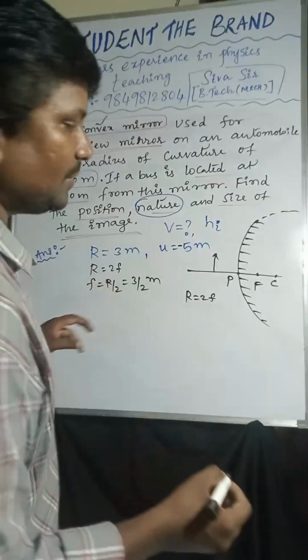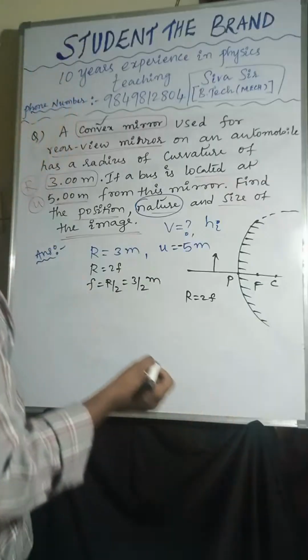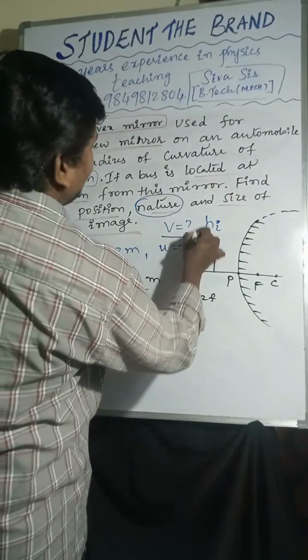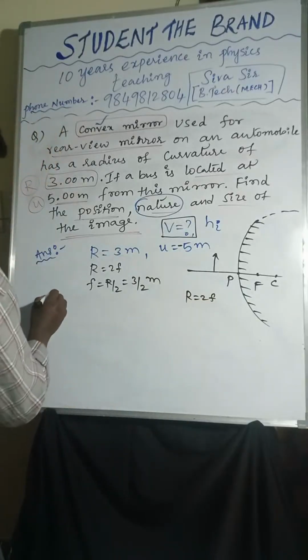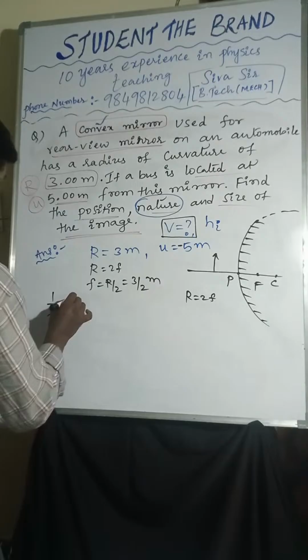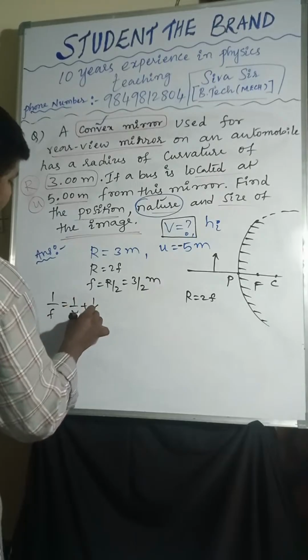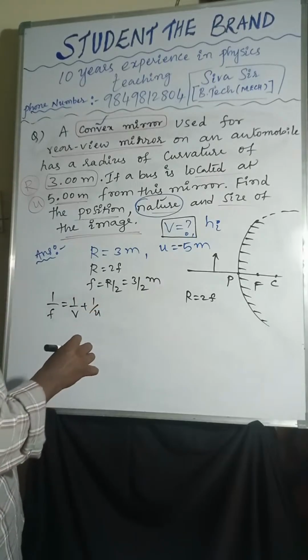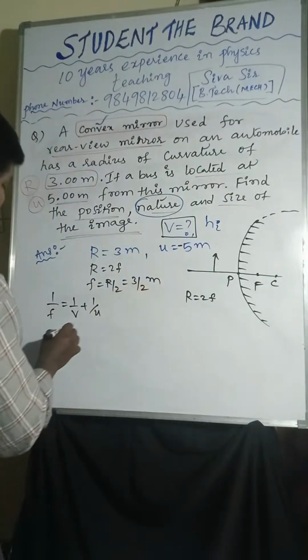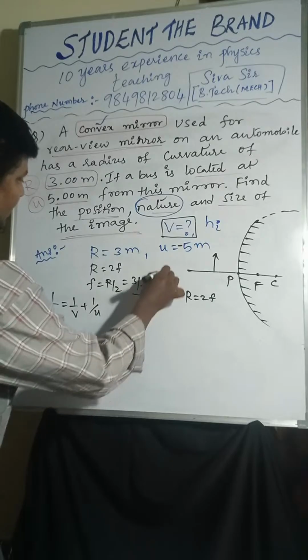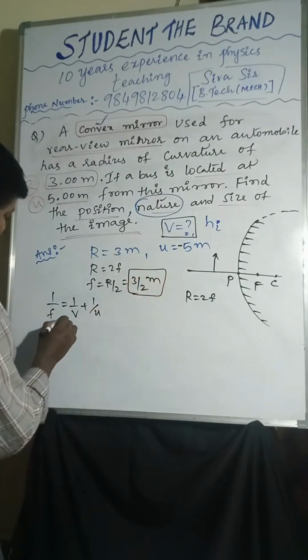Now use the mirror formula for finding the image distance. For finding the image distance, we can use 1 by F equal to 1 by V plus 1 by U. Now 1 by F, the F value is given, so 1 by 3 by 2.